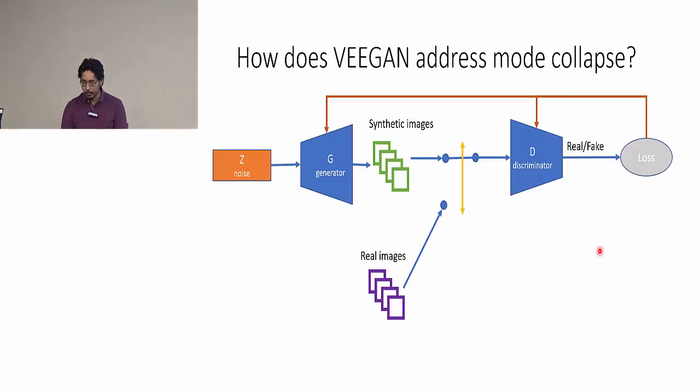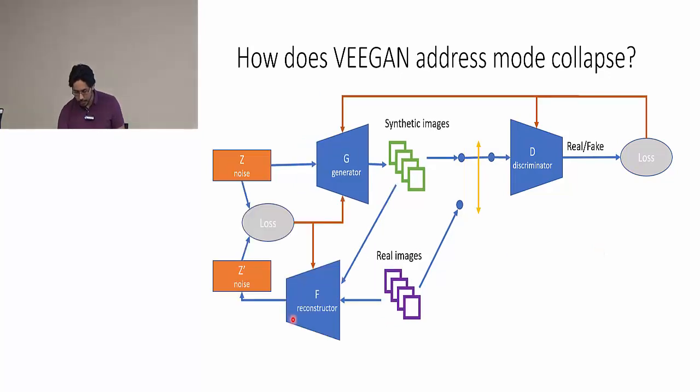All right, so VEEGAN addresses mode collapse through the addition of a reconstructor network that takes in synthetic images and real images and basically reconstructs the noise.